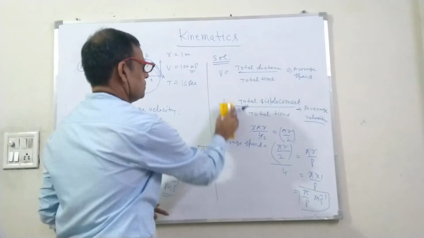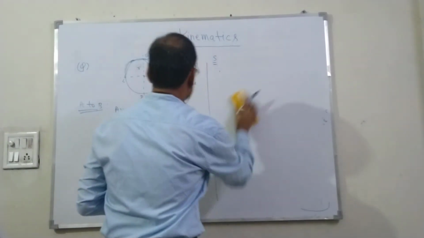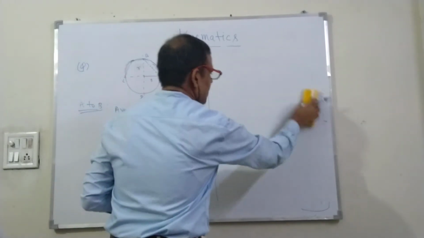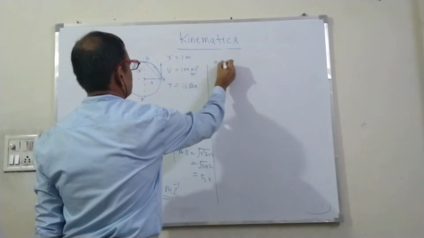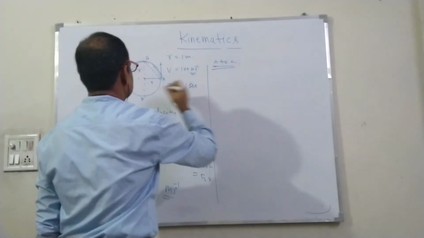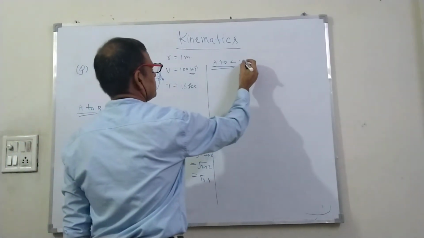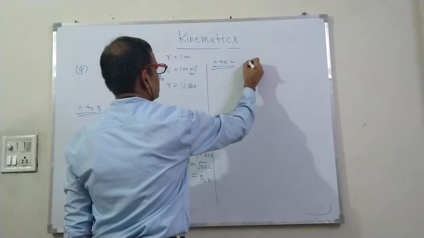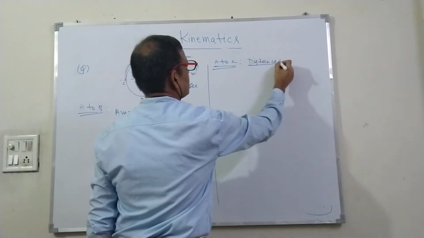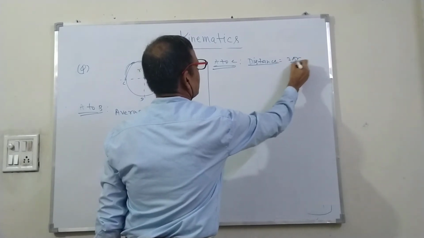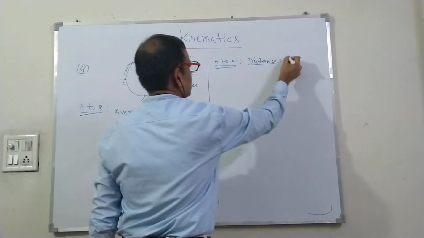From A to C, we have to find the path length, that distance is nothing but 2 pi r by 2, that means pi r.